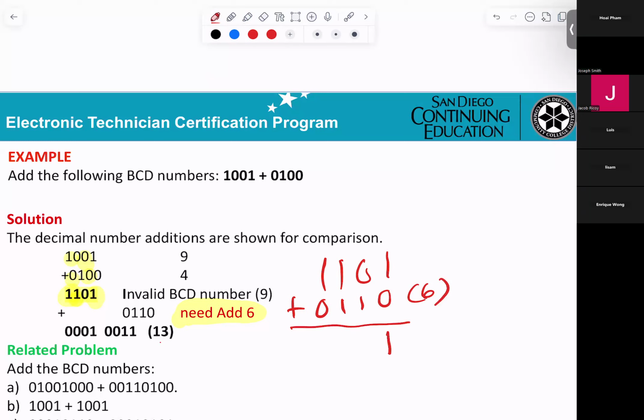One, 0, 1. 1 is 0, carry 1. Carry 1 here. 1 adding 1, 0. Carry 1.